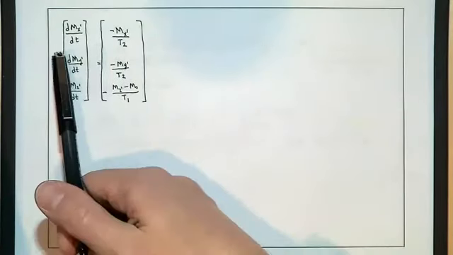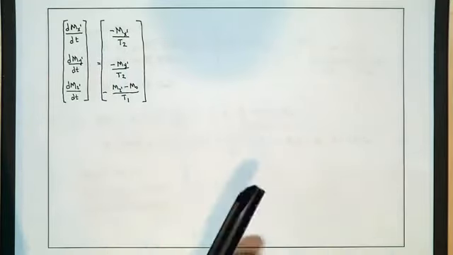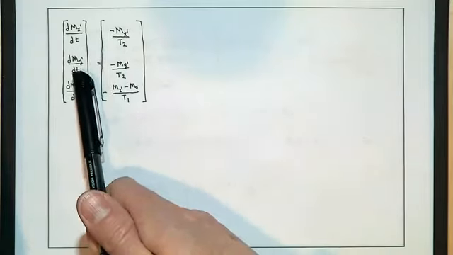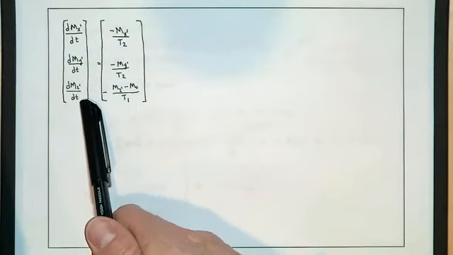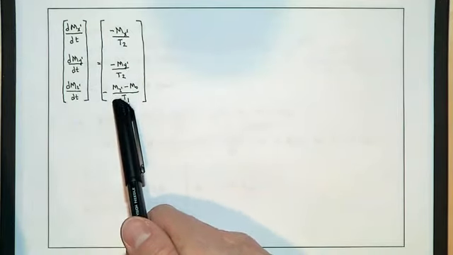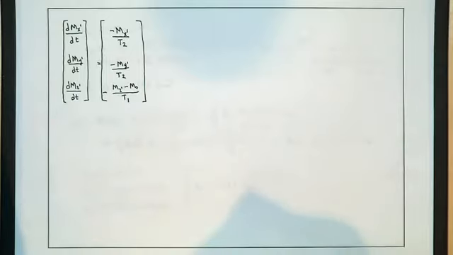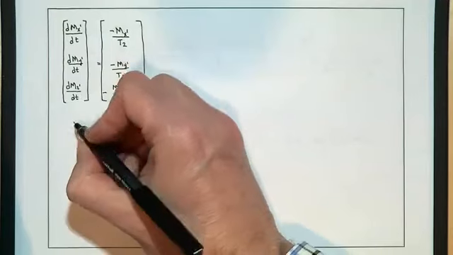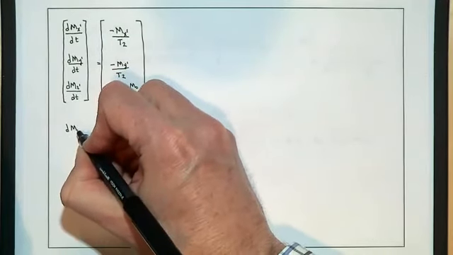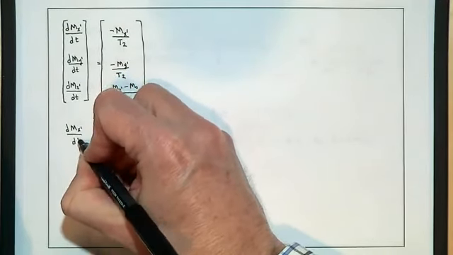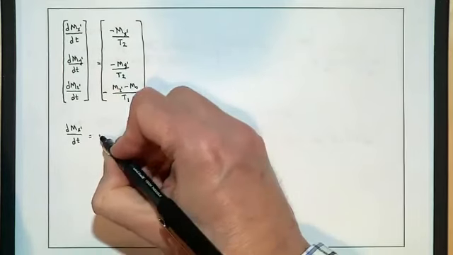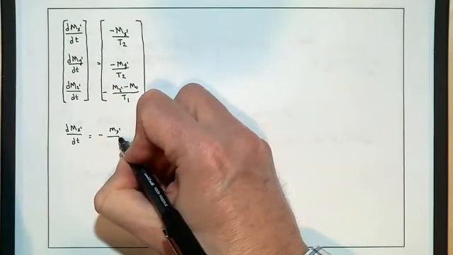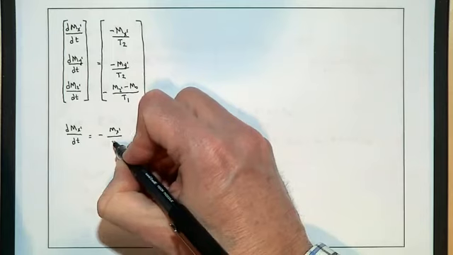We'll just look at this first expression first. These are all, fortunately, already separated, right? So mx only depends on mx. The time rate of change of my only depends on my, and the time rate of change of mz only depends on mz. So that simplifies things a bit. So the first thing is just that first expression, dmx prime dt, and that's equal to minus mx prime by T2.